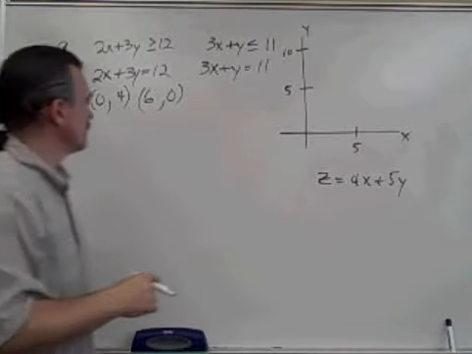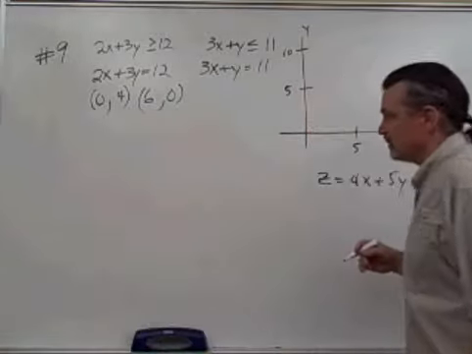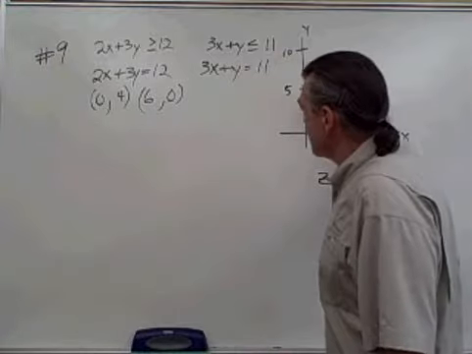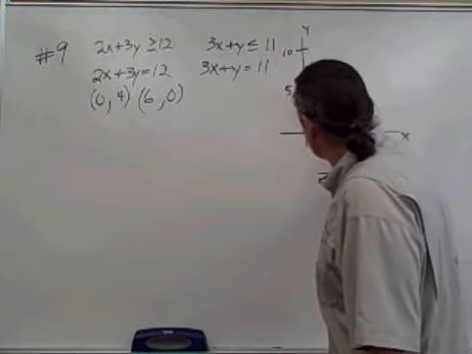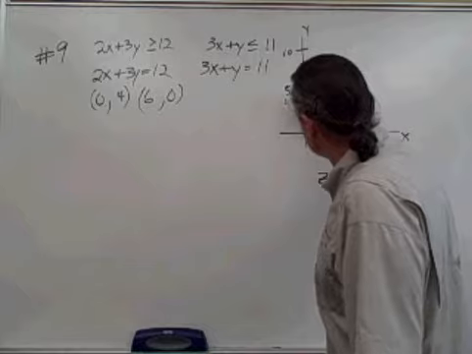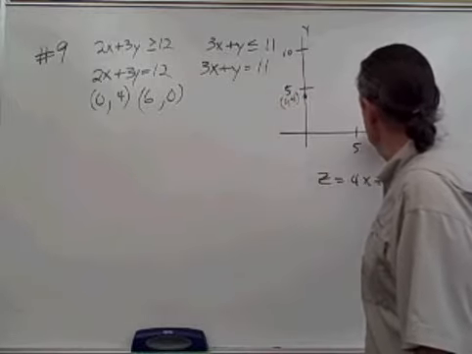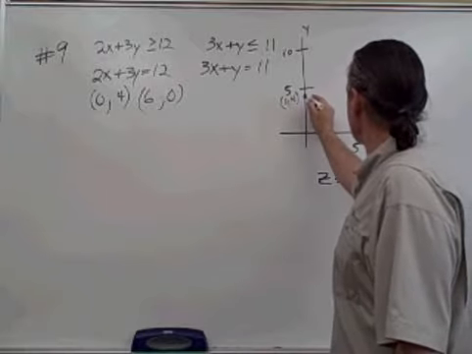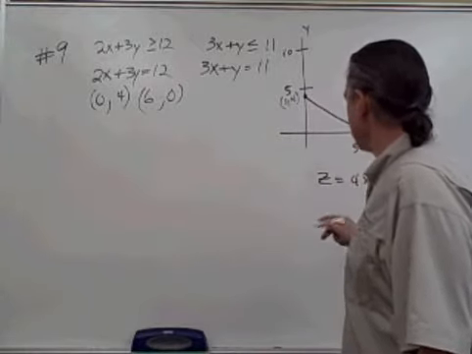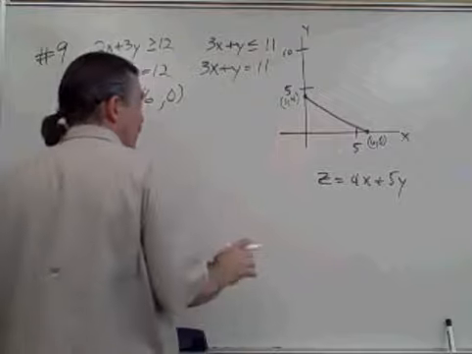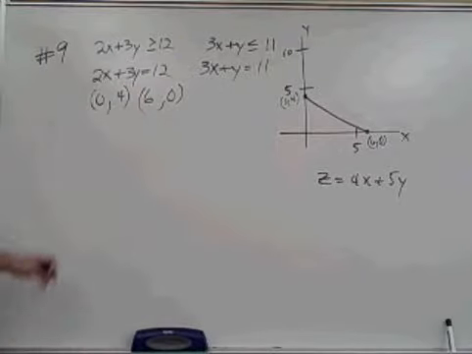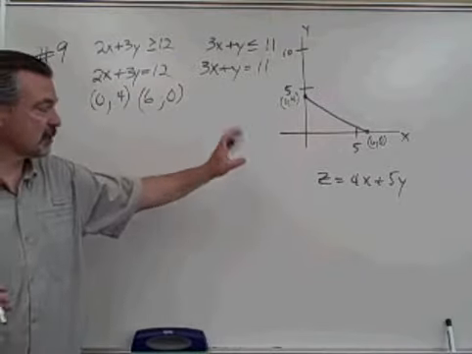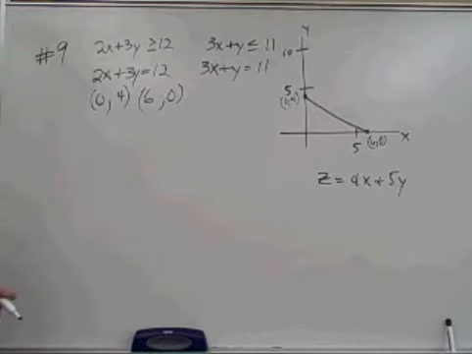So for this particular line, I have the point 0, 4, and the point 6, 0. So I'll draw the line, and I only have to have the line in the first quadrant because I have the non-negative conditions that x and y must both be greater than or equal to 0.